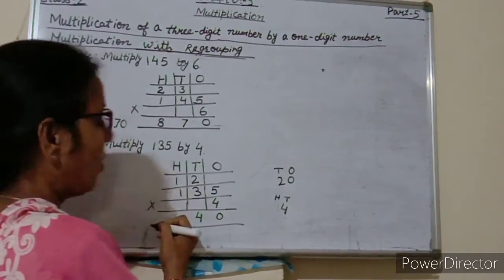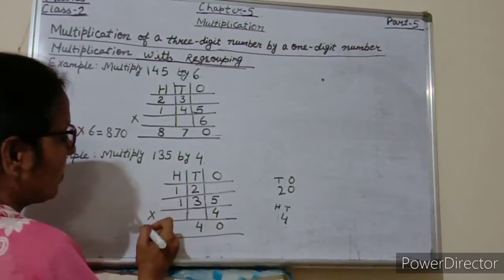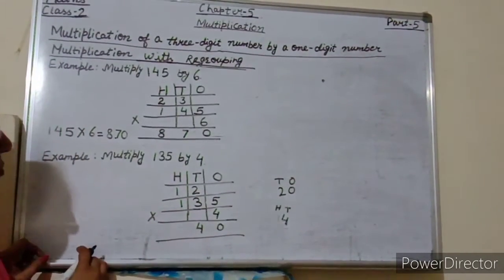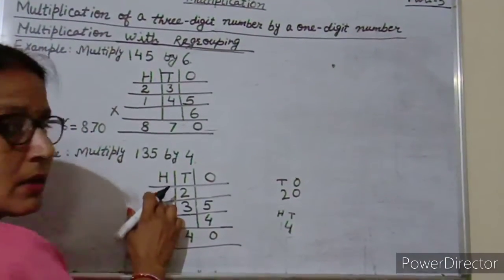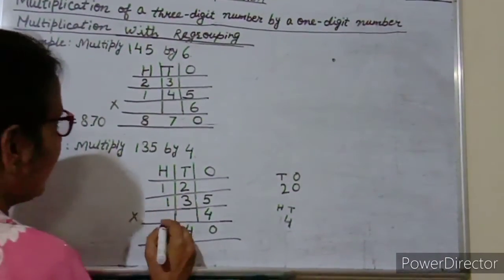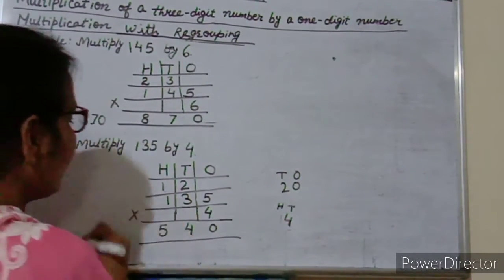So 100 into 4 is 400. 400 plus 100 is 500. So we will write 5 under the hundreds column.